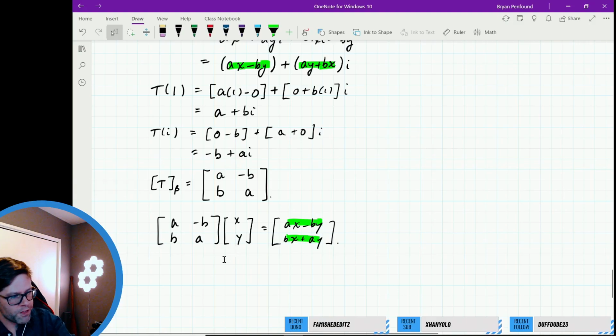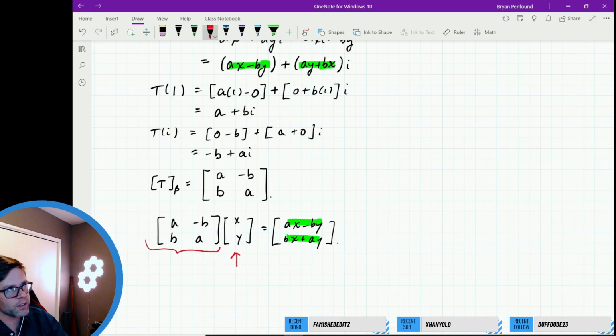So basically, I think what you're saying is that this matrix has a similar effect when we multiply it by this vector, right? What we've done is we've taken multiplication by a complex number and represented it as left-sided multiplication by a matrix.